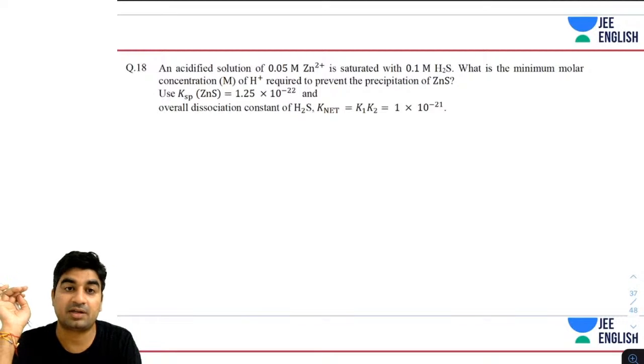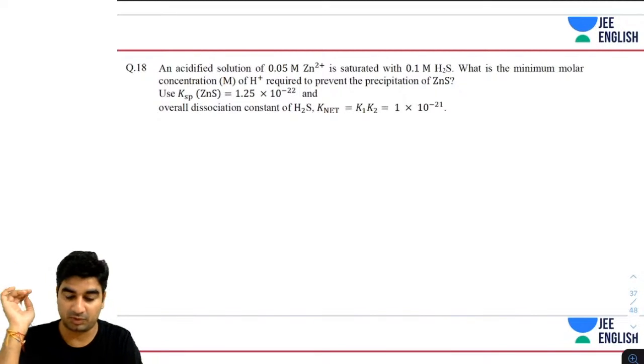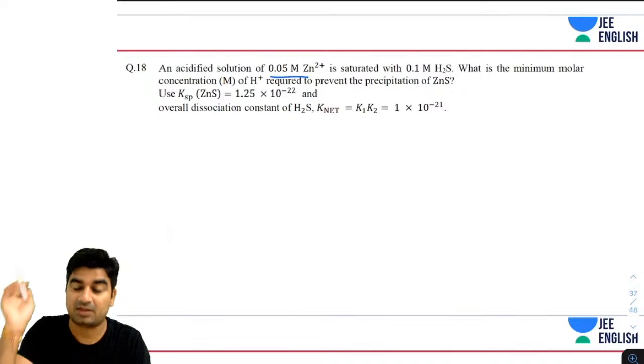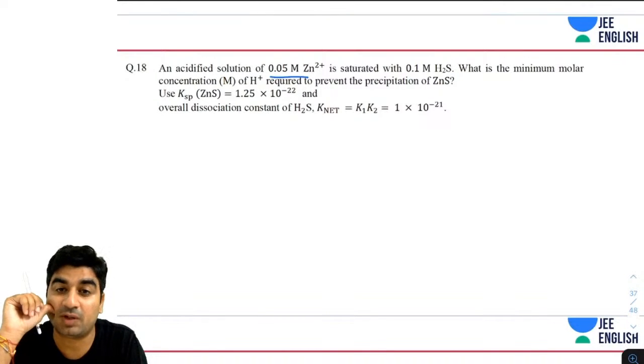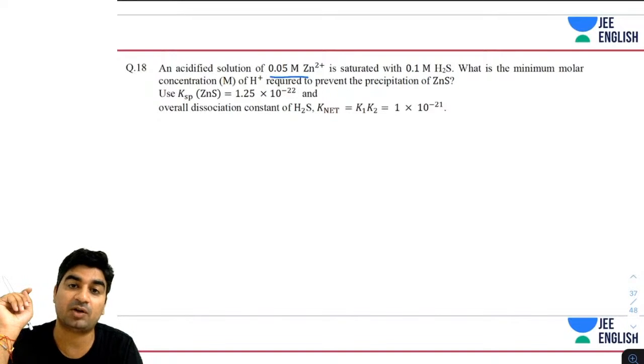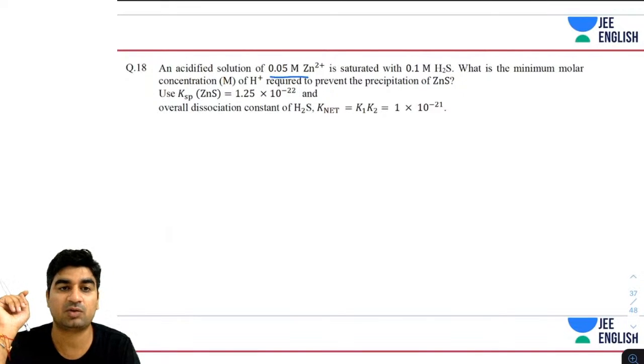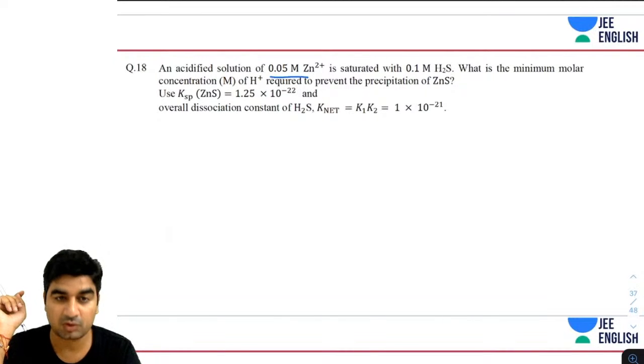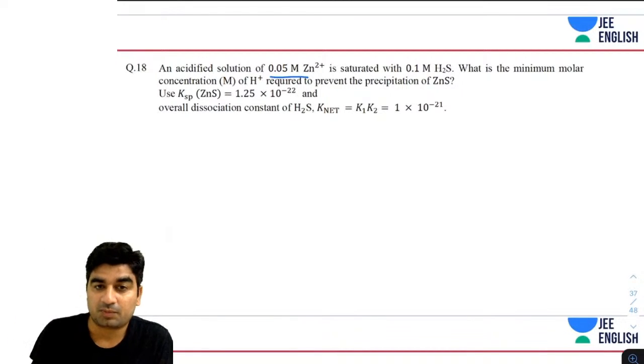Now they are saying that acidified solution of zinc, 0.05 molar zinc, is saturated with 0.1 molar H2S. So what is the minimum molar concentration required to prevent the precipitation of zinc? Ksp of zinc is given and overall dissociation constant of H2S is given. So how will you do it, guys?